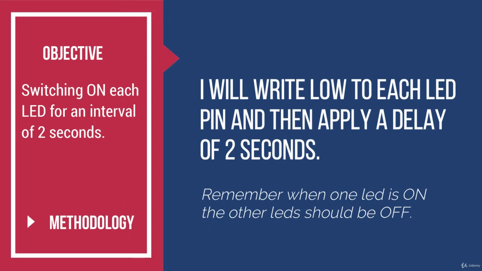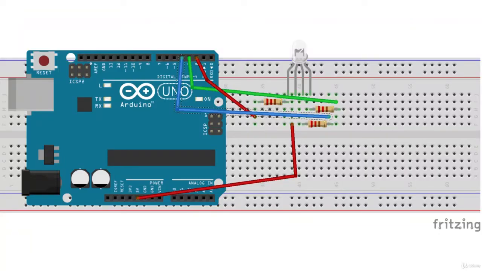I'll show you the circuit, and then I'll simply write digitalWrite within brackets red comma LOW, then similarly green comma LOW, blue comma LOW. That will be my methodology. Let's see the circuit. So this is the circuit. If you see it clearly, I have used 220 ohm resistors for each of the terminals.